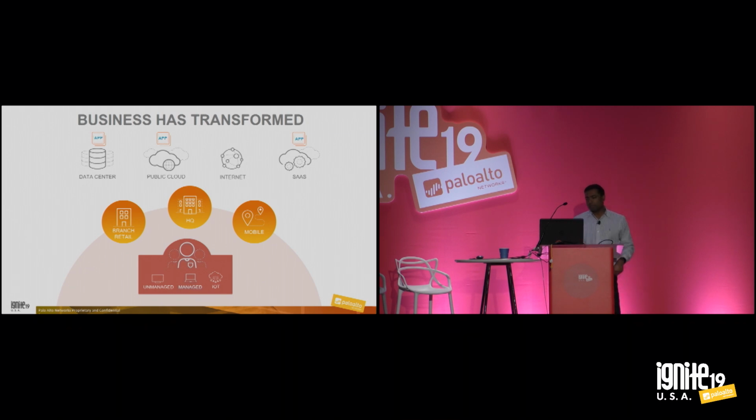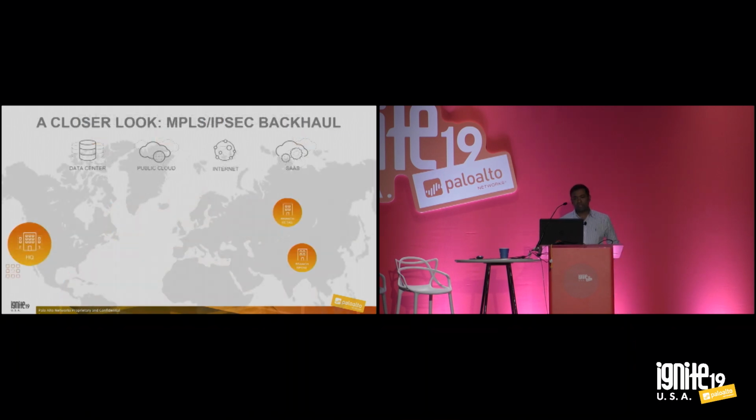So what are people doing, right? People started with an MPLS backbone in order to bring the traffic from different branch offices back to a headquarters to be able to access applications there.